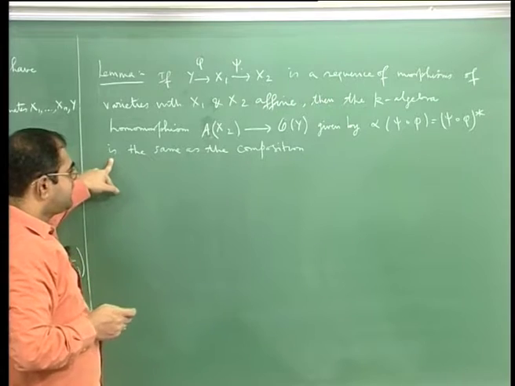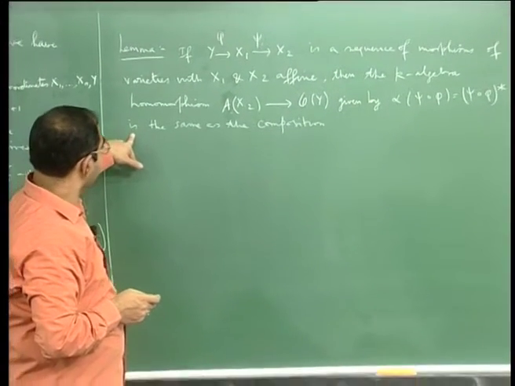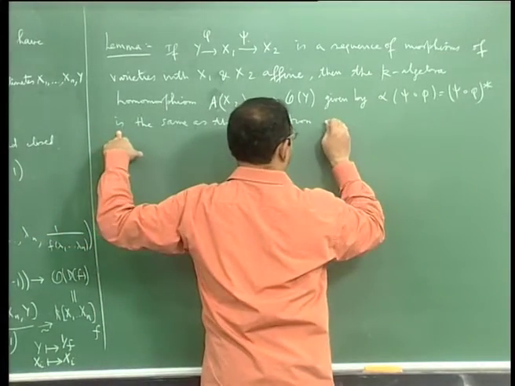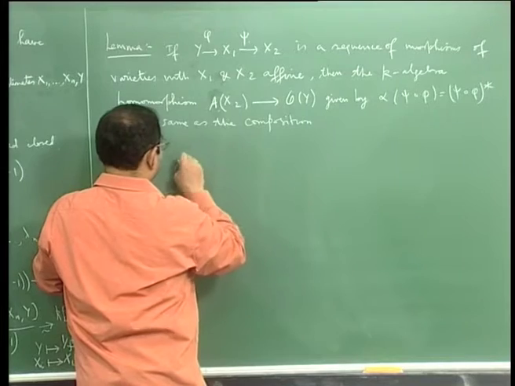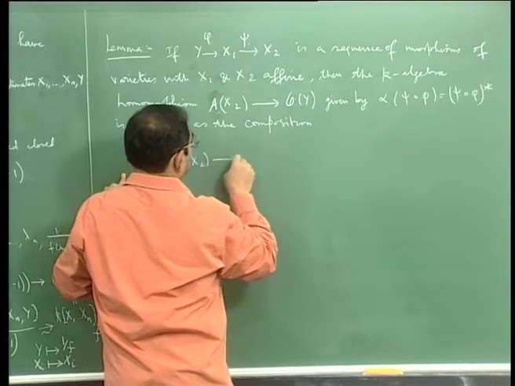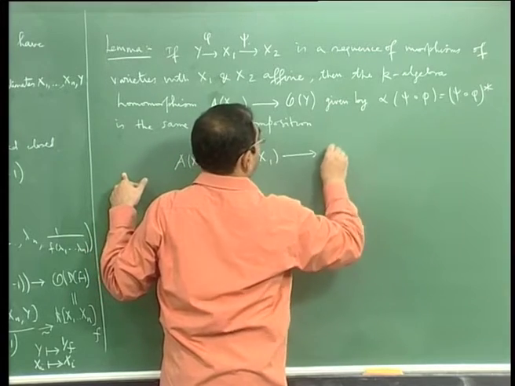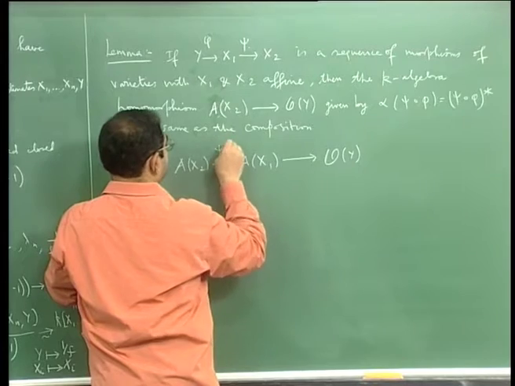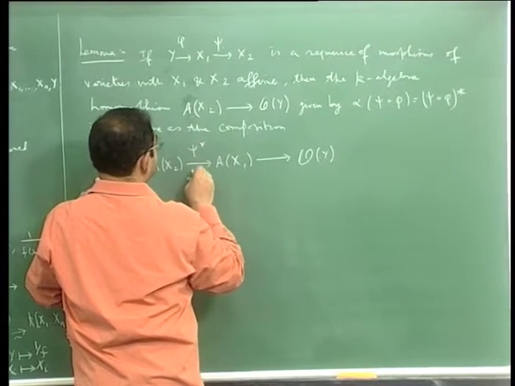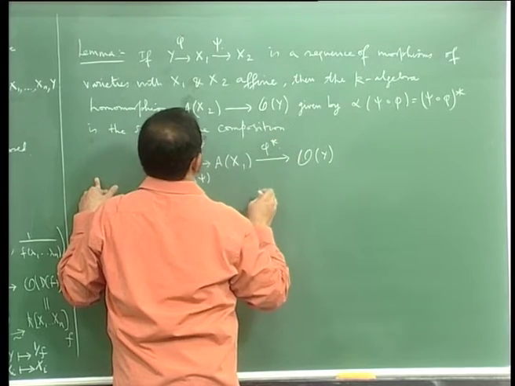Alpha of psi circle phi is the same as the composition A of x2 to A of x1 to O of y, which is psi upper star, and then phi upper star.